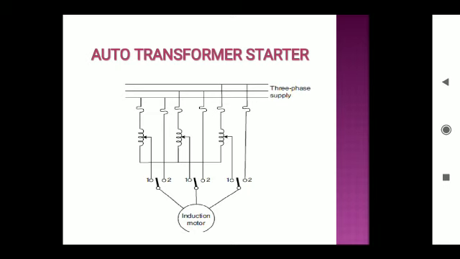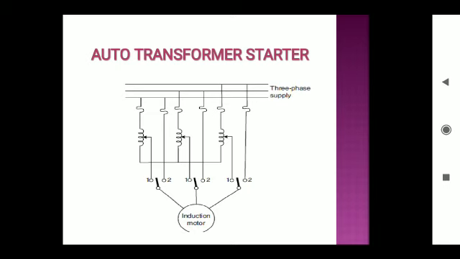In the start position, the primary of the auto transformer is connected to the supply line, and the motor is connected to the secondary of the auto transformer. And when the motor picks up speed, say about 80% of the rated value, the handle of the double throw switch is quickly moved to the run position, and the auto transformer gets its full rated voltage.